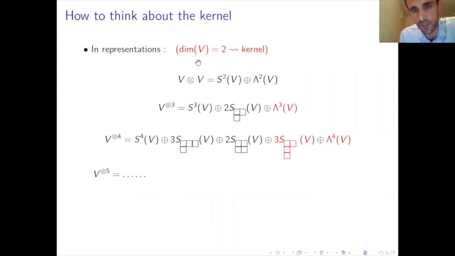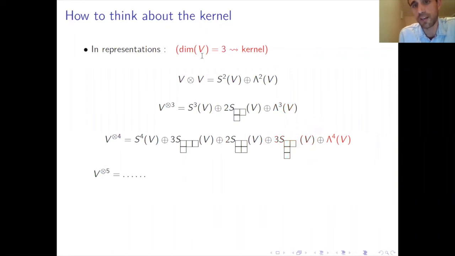For example, if the dimension of V is 2, then if you think for a moment, it's impossible to make an antisymmetric tensor with 3 indices when the indices can take 2 different values. It's impossible. This space disappears. It's equal to 0. And similarly, these 2 spaces are killed by the fact that the dimension of V is 2.